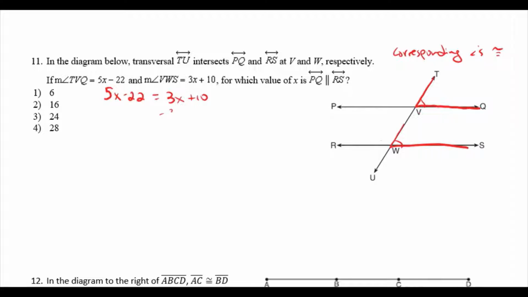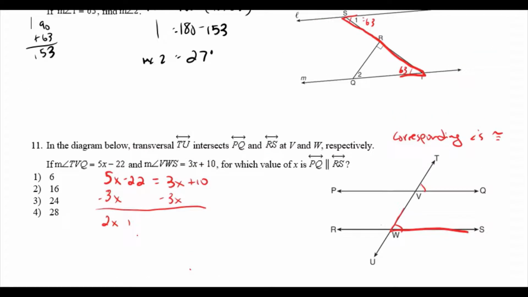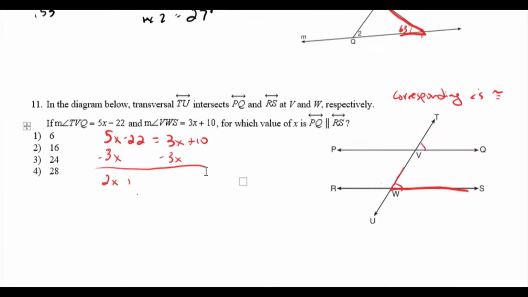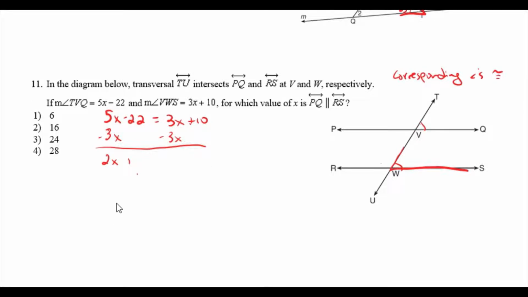We're going to move the x's on the same side first. So this is 2x, and then minus 22. Why does that whole thing go away? All right. Switch to the eraser here.